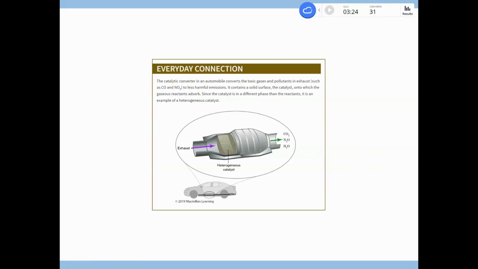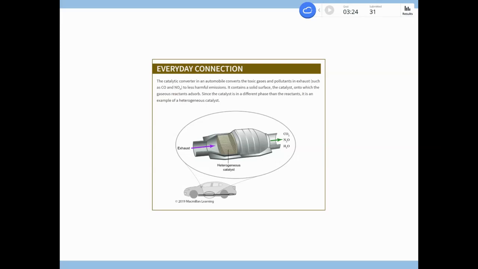So the catalytic converter has a heterogeneous catalyst. We'll talk about what that means in a second. But that's a solid surface here. The exhaust from your car goes through and interacts with this solid catalyst. And then safer gases, carbon dioxide, N2O, and H2O, are then produced through that chemical reaction that's catalyzed by the surface of the catalytic converter.